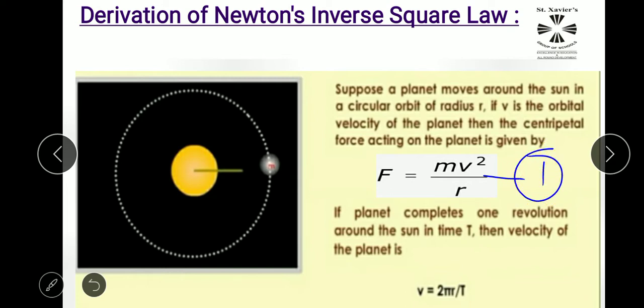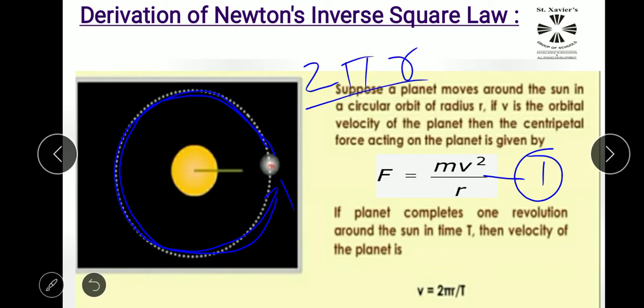Now students, when an object is performing circular motion, suppose one rotation is done. So here the distance covered in one rotation is given by the length of this path of the circular orbit. Length of this circular path is given by the formula 2 pi r, and it is called circumference or perimeter of circle.